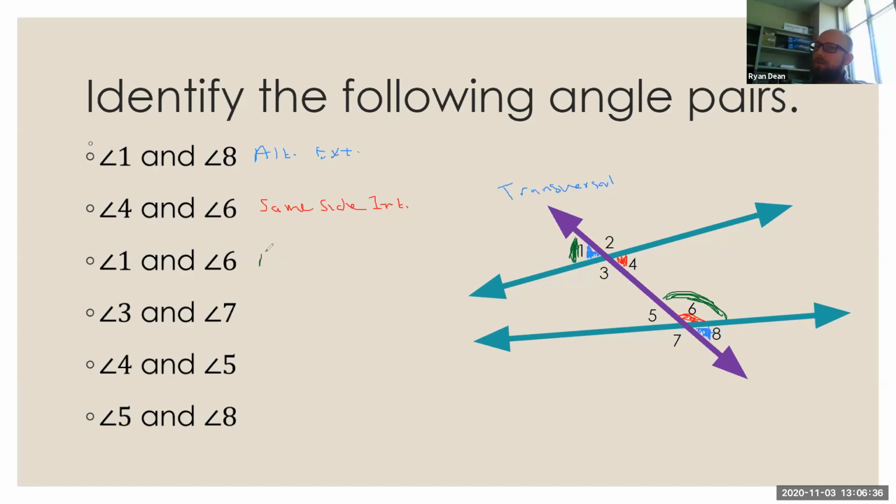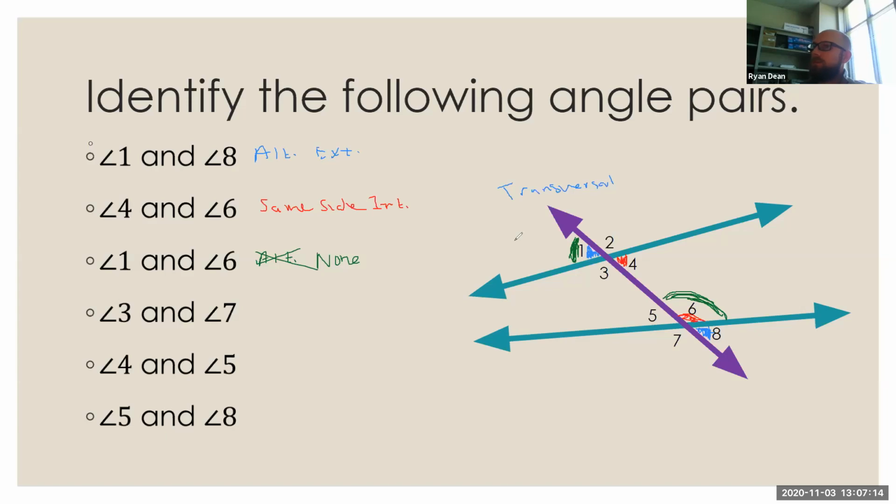So we could say alternate just because they're on opposite sides. But we don't have any kind of term that gives us one angle that's on the outside of our other two lines and one that's on the inside. So for this one, this one's actually going to be none because we can't identify it with one of the 4 terms that we used in the previous slides.